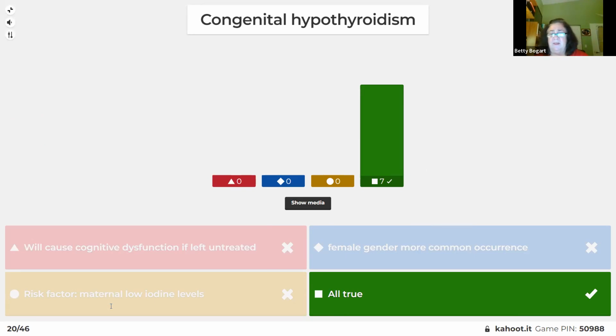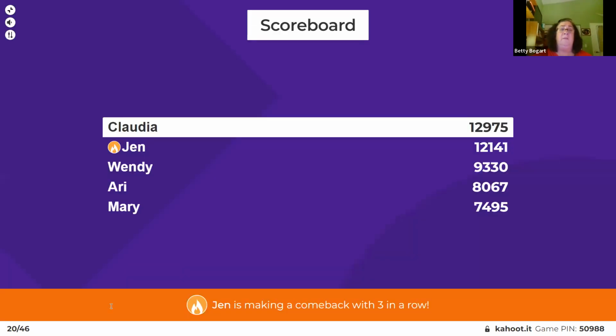Remember I talked about cystic fibrosis last week? Is another one. No stool, we're going to be checking for thyroid problems and CF. Now, congenital hypothyroidism could be caused by mom not having enough iron, and females are also more affected. Thyroid hormones are so important, and cognitive delays will occur if you don't have enough of that thyroid hormone in your body.